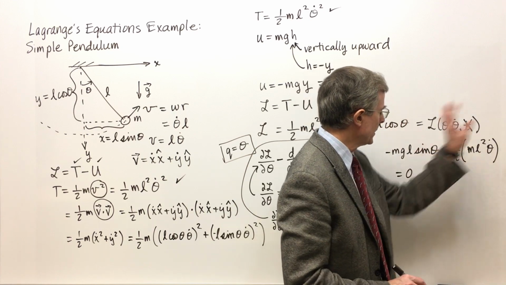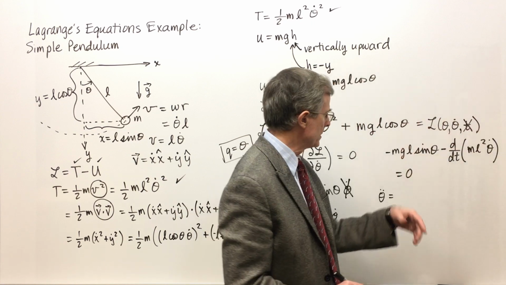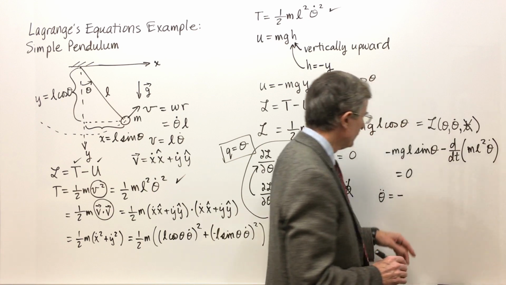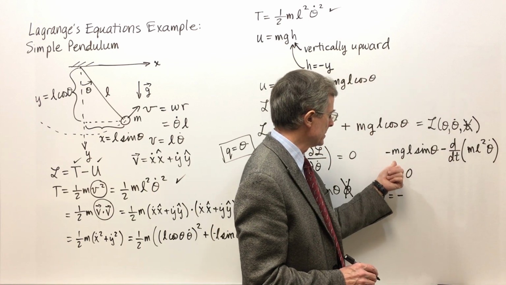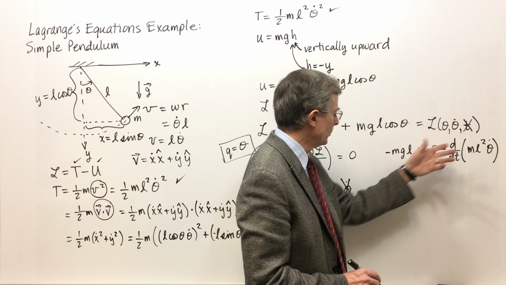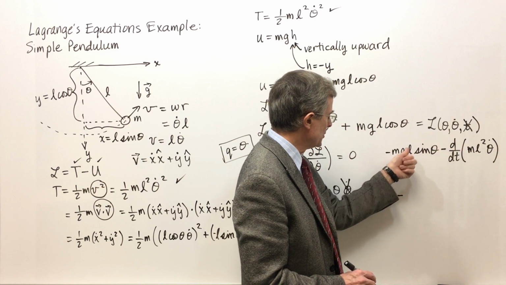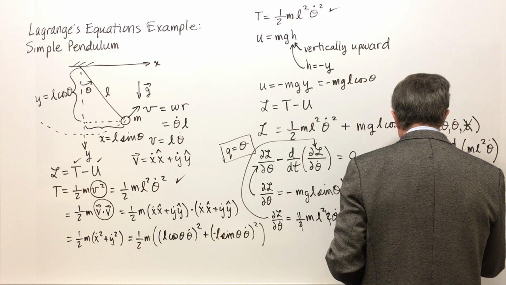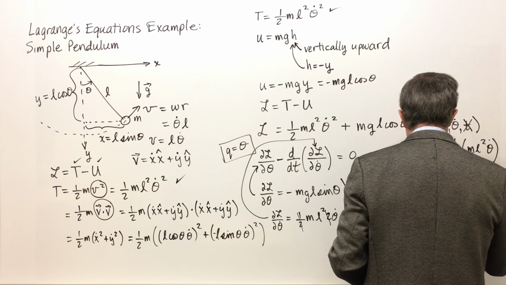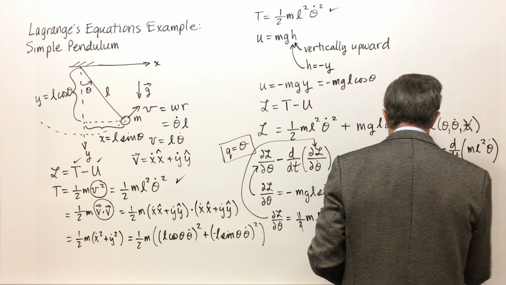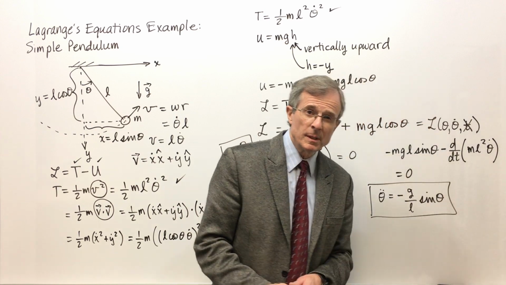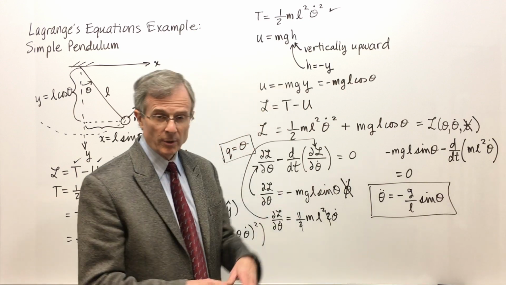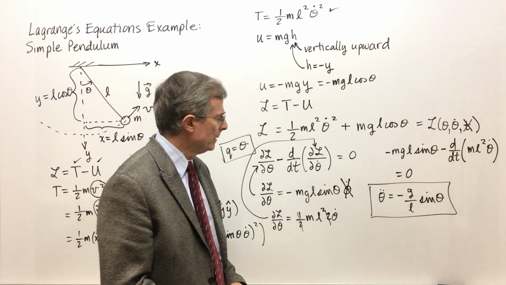This term went over to the other side of the equation, so it becomes positive. This term is still negative. And what do we have left over after we divide by mass? Mass is canceled here. We divide by L squared. We'll get gL over L squared, that's minus g over L. And that, my friends, is the equation of motion for a pendulum with arbitrary amplitude.